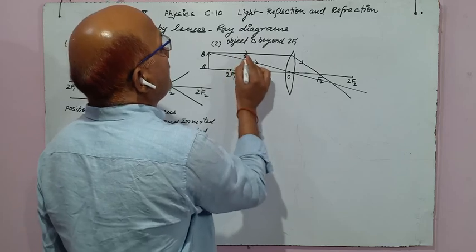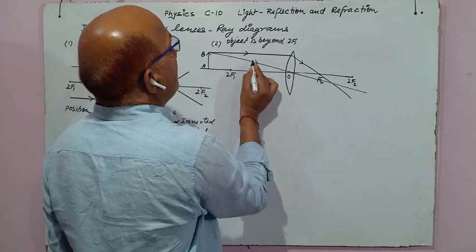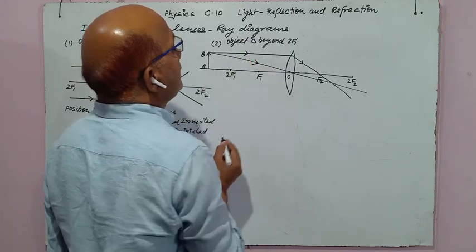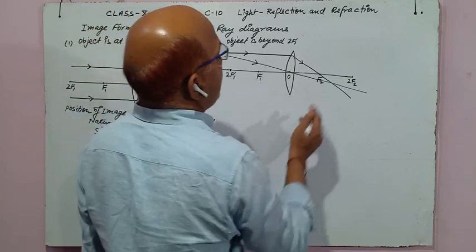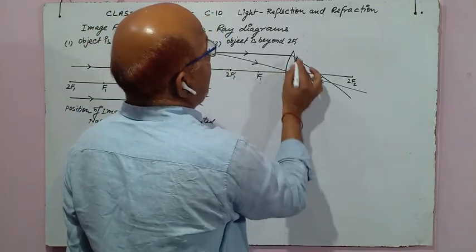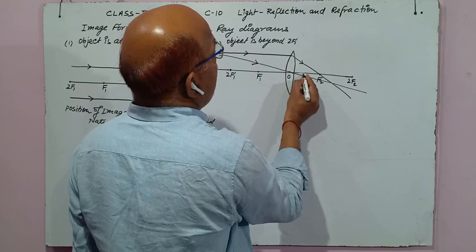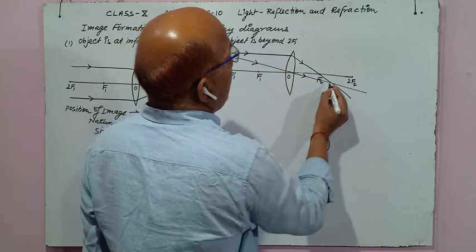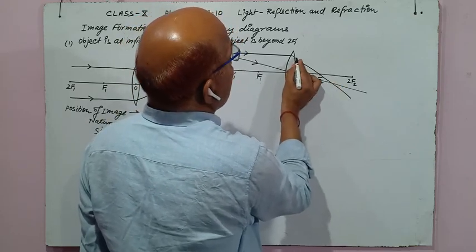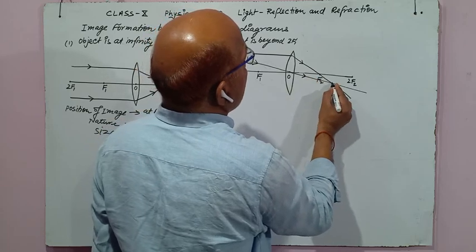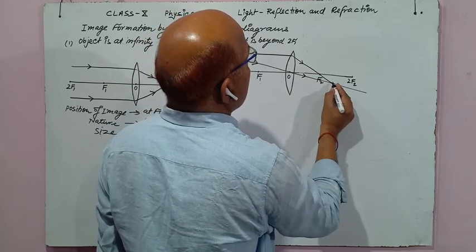Don't forget to draw an arrow indicating direction on each incident ray or refracted ray on both sides of the lens. So make the arrow. As you can see, these two rays intersect at this point.